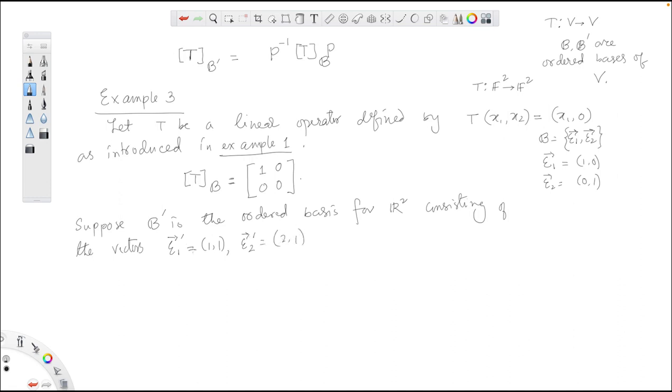It's easy to check that this B prime is actually a basis of R2.